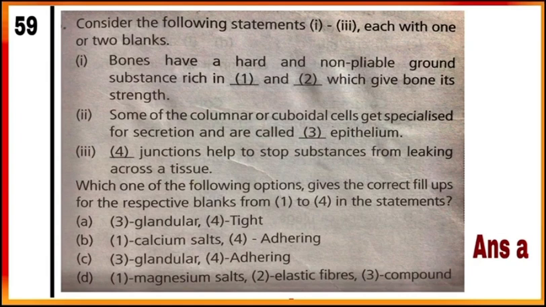Some of the columnar or cuboidal cells get specialized for secretion and are called glandular epithelium. So number 3 is glandular. Now come to statement 3. Tight junctions help to stop substances from leaking across our tissue. So number 4 blank is tight. And now check the options. Option A is correct. Number 3 glandular and number 4 tight. So mark A as a correct answer.